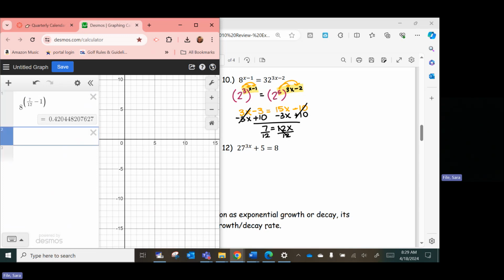And then the right side is 32 to the power of 3 times 7/12 minus 2. And how about that? Those are exactly the same, aren't they?